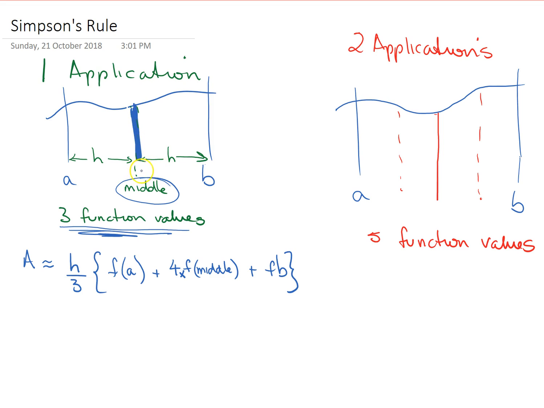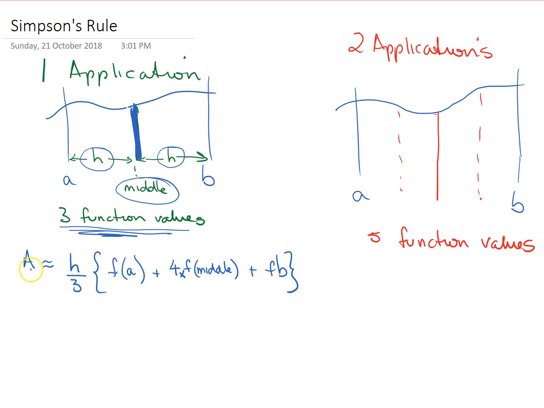Because this is exactly in the middle, we call the distance between our first limit and the middle h, and obviously exactly the same distance between the middle and our second limit.